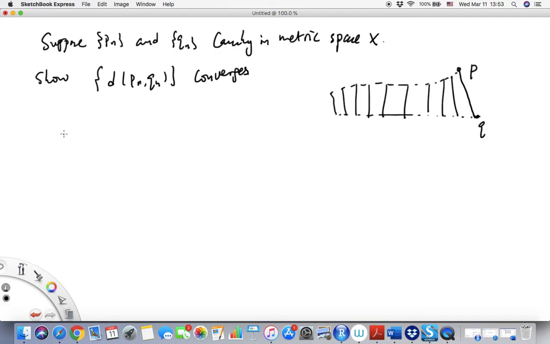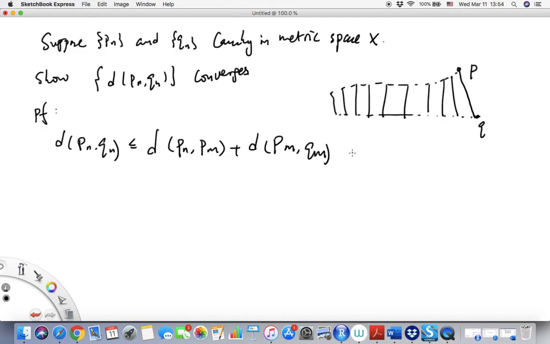First, we write down this. Proof: the distance between Pn and Qn is bounded by the distance between Pn and Pm, plus the distance between Pm and Qm, plus the distance between Qm and Qn.